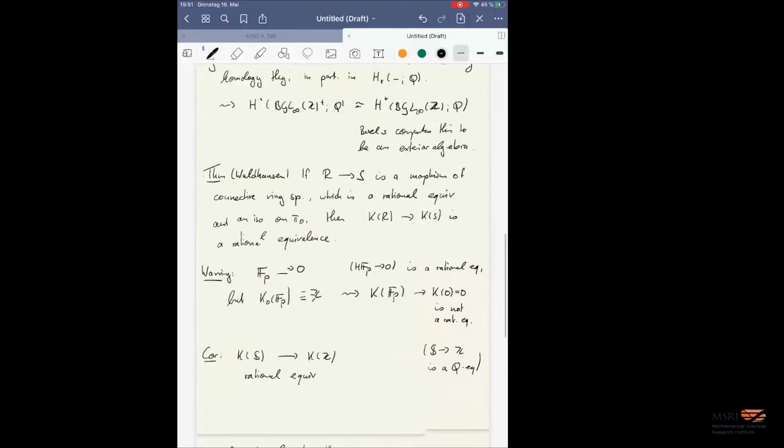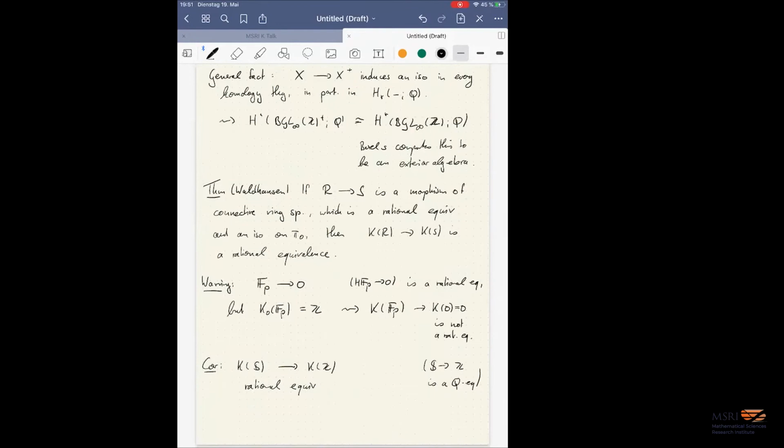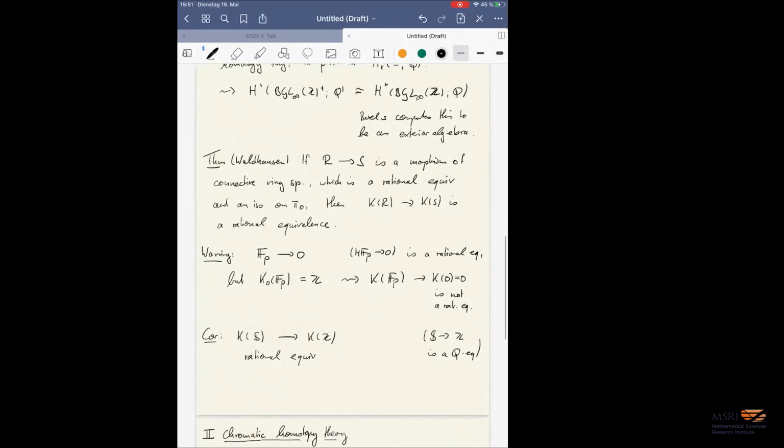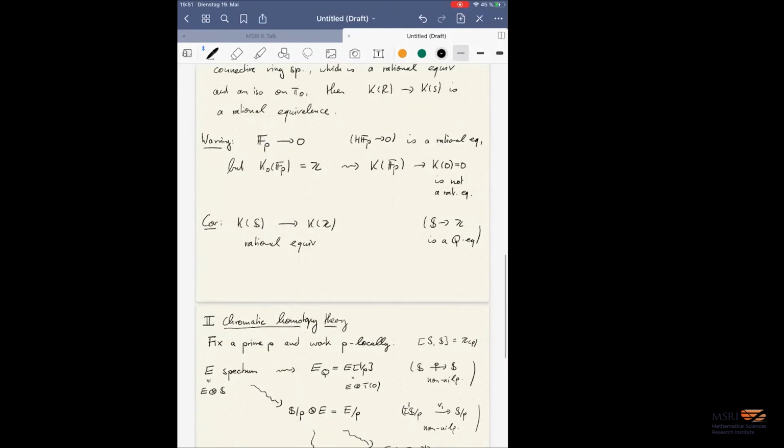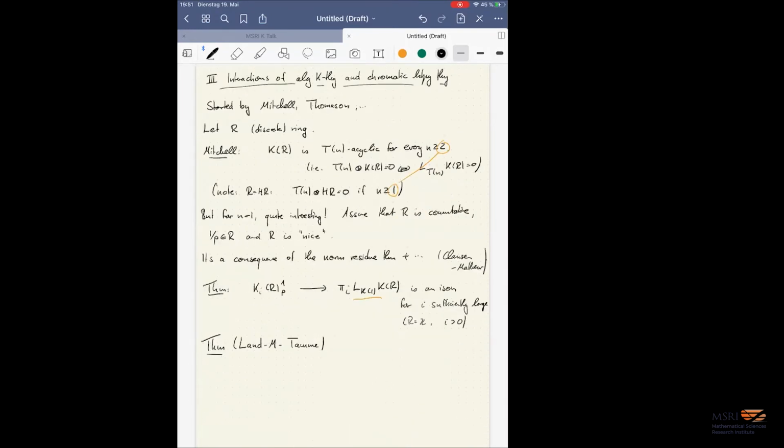This theorem was: if we have a morphism between connective ring spectra that is an isomorphism on π_0 and a rational equivalence, it's also a rational equivalence on K-theory spectra. And we prove an analog in the world of T(n) equivalences. But one has to be a little bit careful how to phrase it.